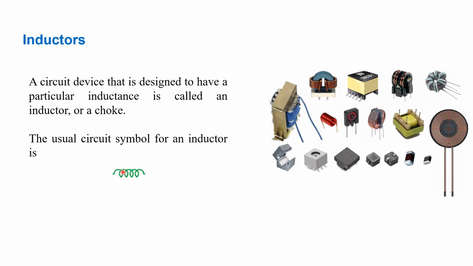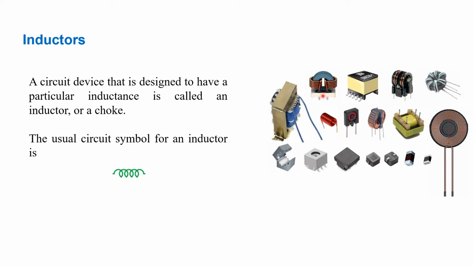So you have some curls, which is what we're going to use later when we incorporate inductors in our circuit. Of course, you know the circuit symbols for resistors and capacitors. This one here represents inductors.